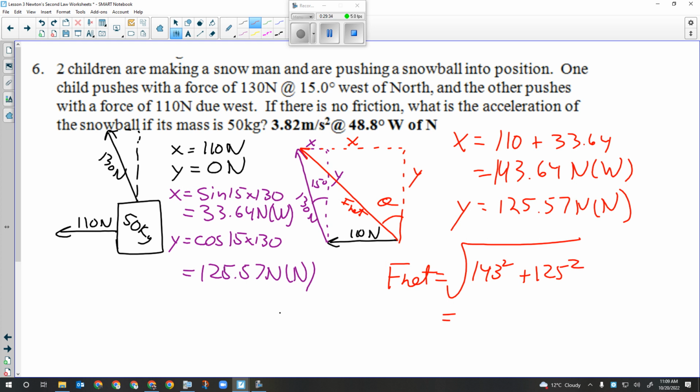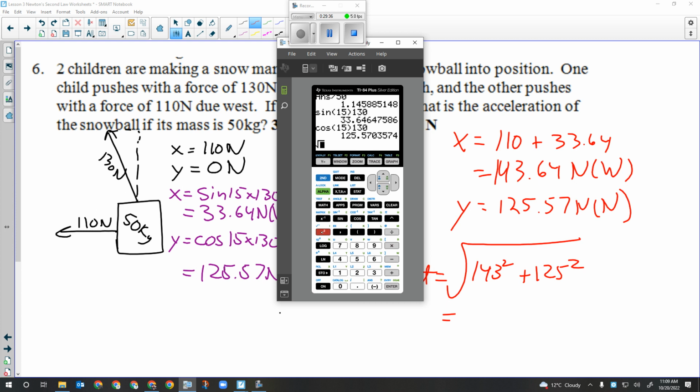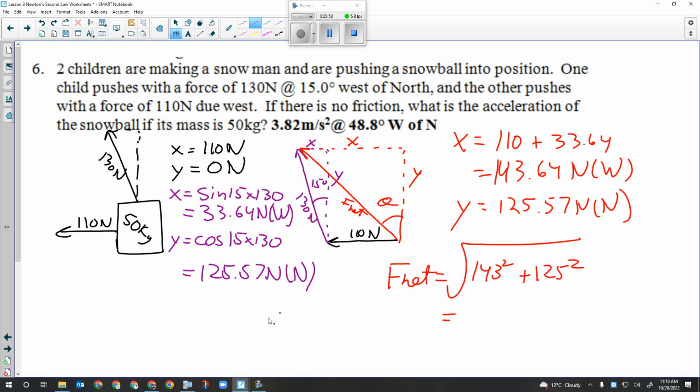So the square root of 125 squared plus 143.64647586 squared. My net force is 190.79 newtons.